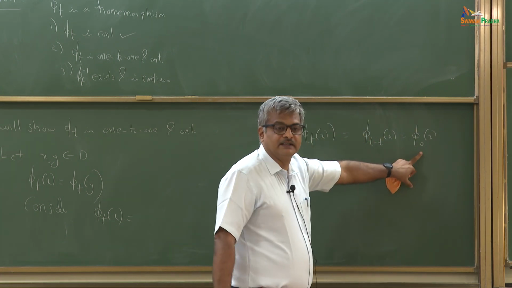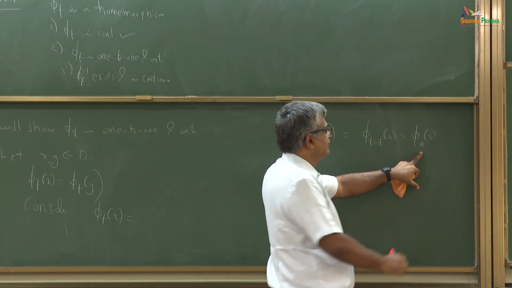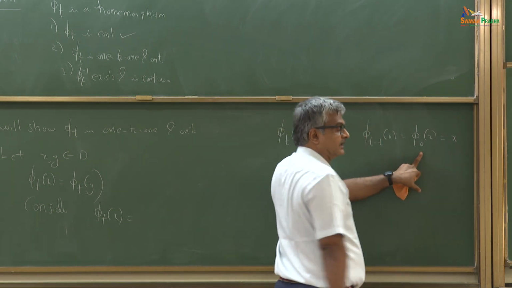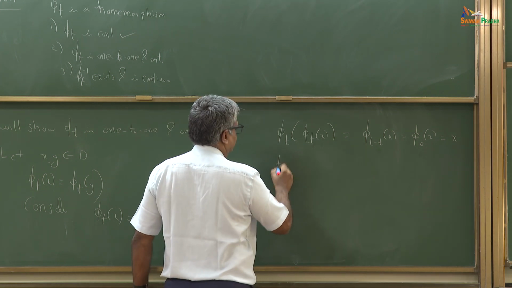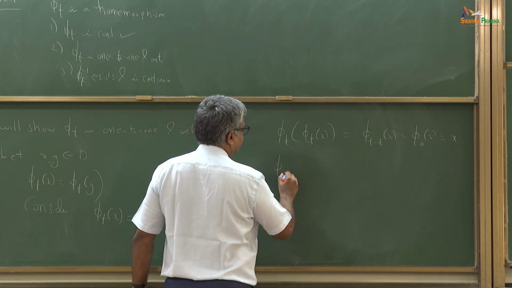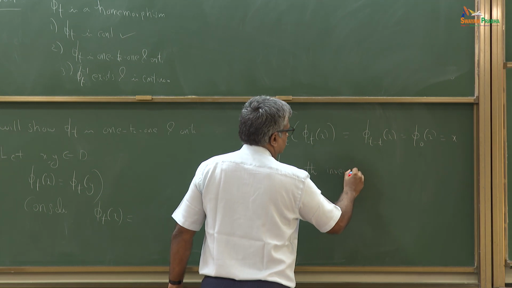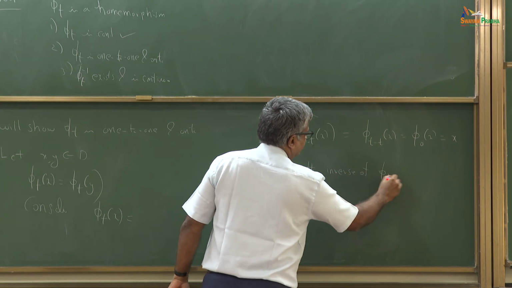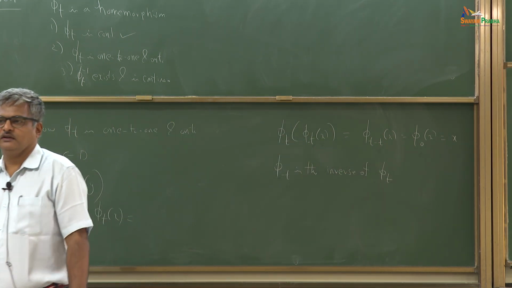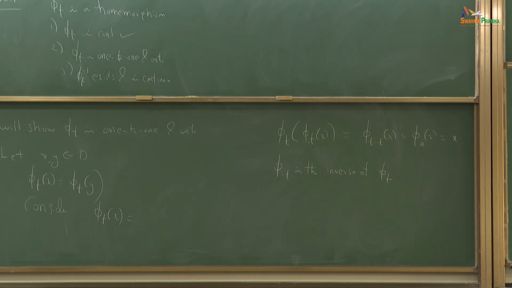And by the consistency condition, this is nothing but x. So that means this phi minus t is the inverse of phi t. You just take negative time. That's how you get the inverse of this map.